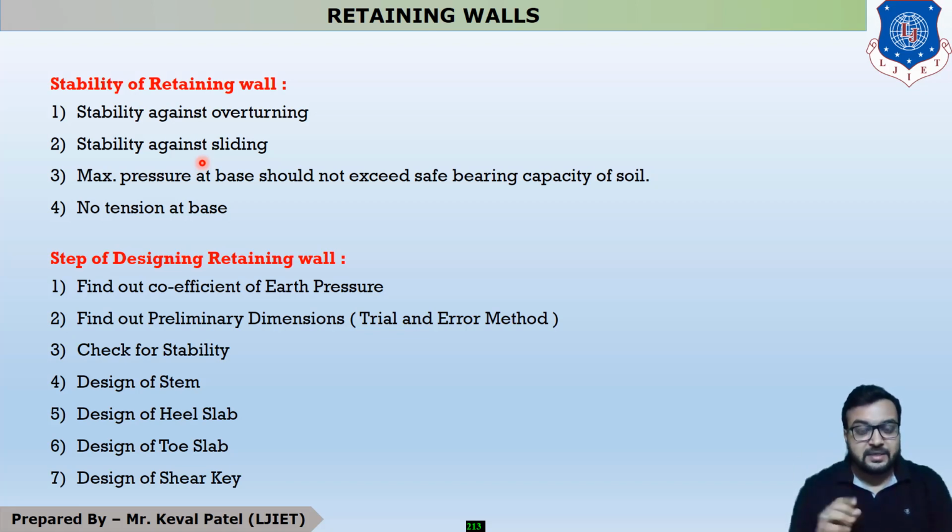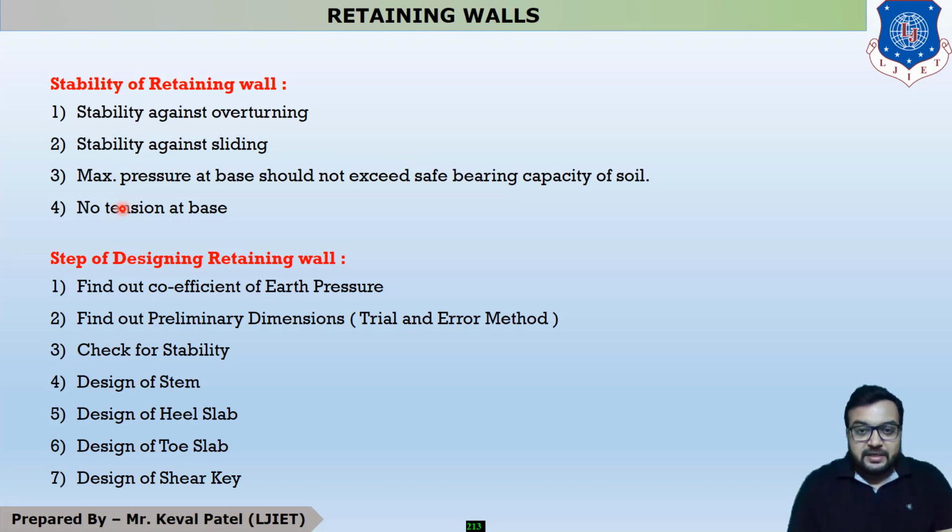The third check is maximum pressure. Maximum pressure is at toe level. So this maximum pressure's value should be less than the soil bearing capacity. Okay, you can see that maximum pressure at base should not exceed, meaning less than, the safe bearing capacity of soil.